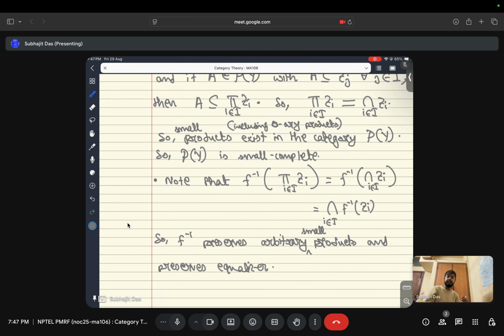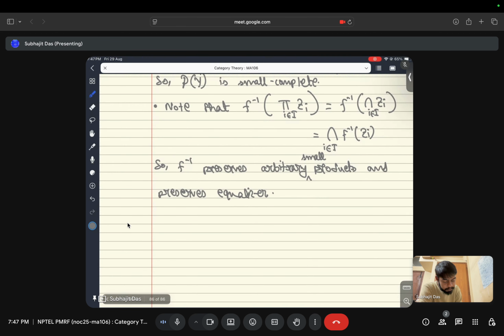There is at most one arrow from one object to another object. So if you take two parallel arrows, they have to be equal, and the identity is exactly the equalizer. So F inverse, of course, preserves the identity because it's a functor, and so preserves equalizers. So F inverse preserves limits, that is, it is continuous.